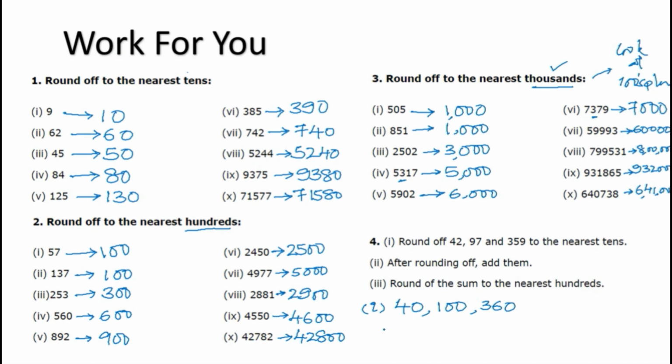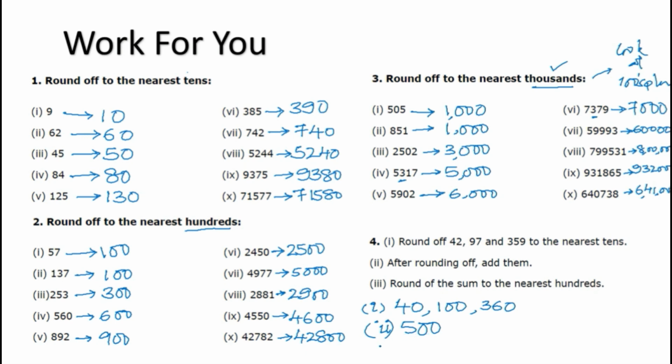Now, after rounding off, we need to add them. What is the sum of these three? The sum is 500. Now the next question is, round off the sum of the numbers to the nearest hundreds.